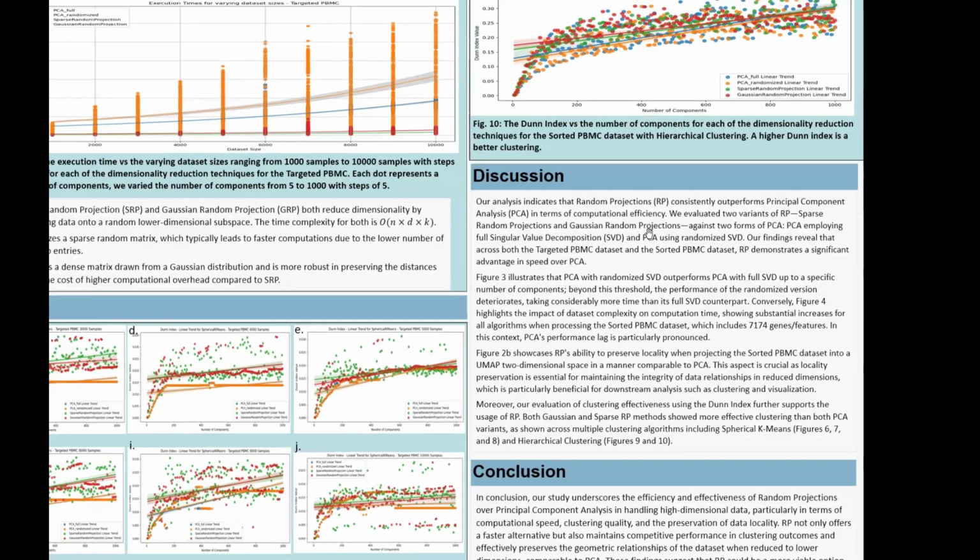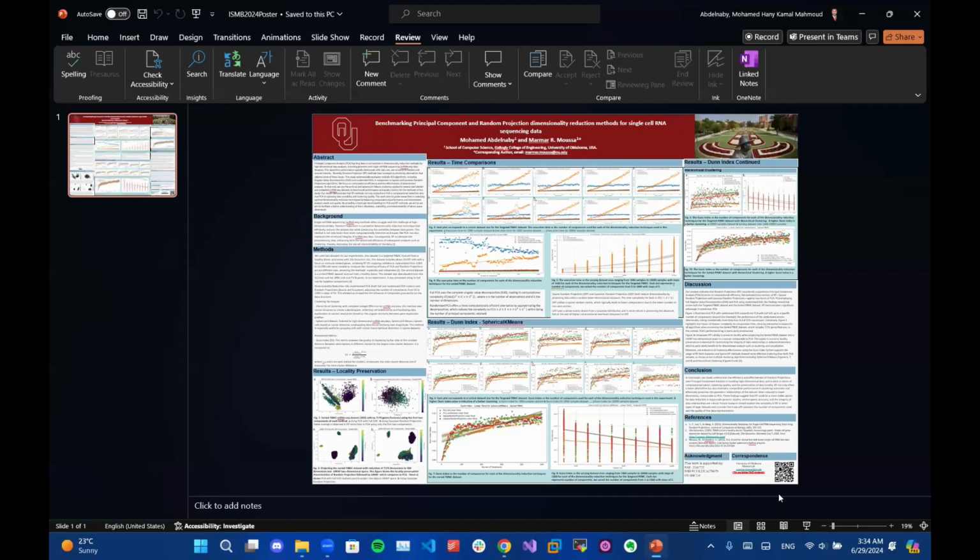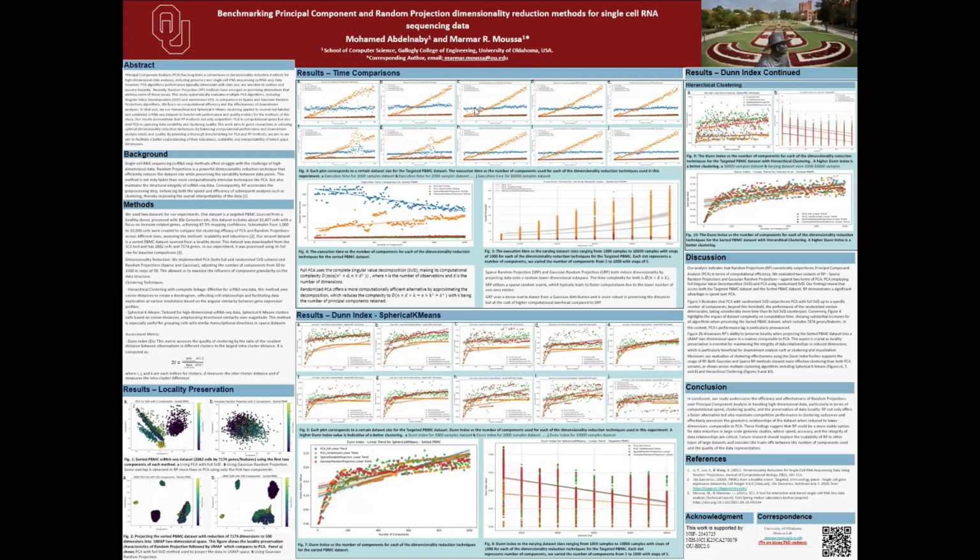So yeah, that's pretty much what we did in this project, and the goal was to try to benchmark both algorithms, PCA and random projection, specifically in terms of time efficiency and also in clustering, which is used in the downstream analysis of single cell RNA.